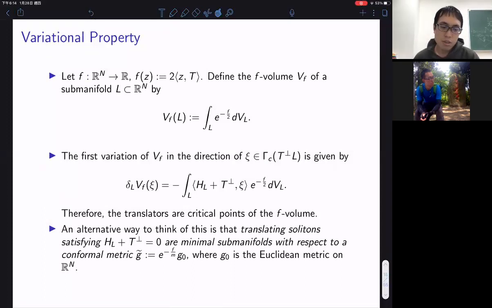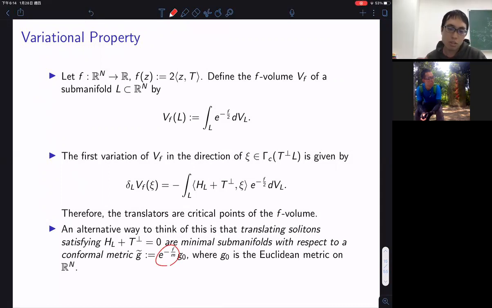So if you're a fan of minimal submanifolds, then there's an alternative way to think of the variational property of translators. In fact, they are just minimal submanifolds with respect to a metric G tilde, which is conformal to the original Euclidean metric.